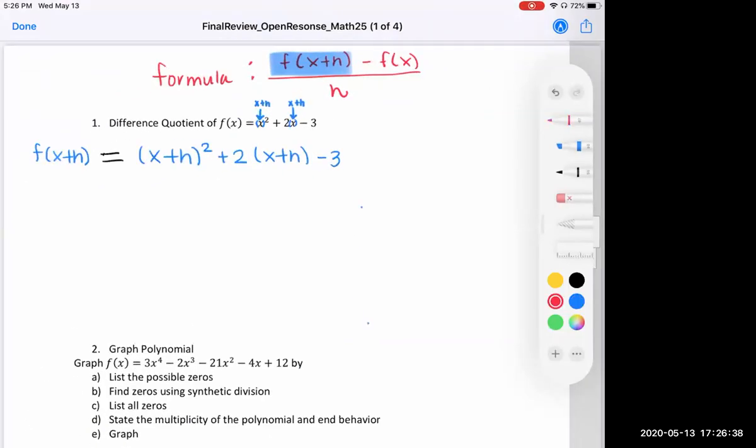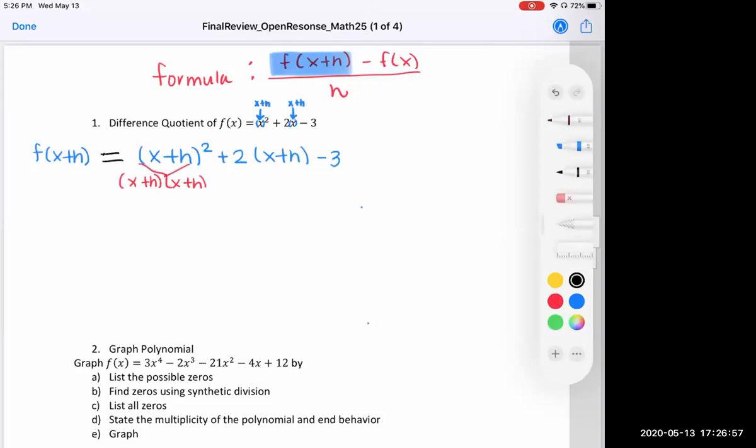Now here, this square, remember the square doesn't square each one. If you do that, there's a meme that says every time you do that, a puppy dies, because it's a common mistake we see in math. This means we have to multiply x plus h by itself twice, right?